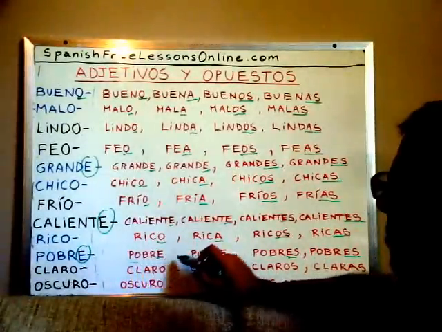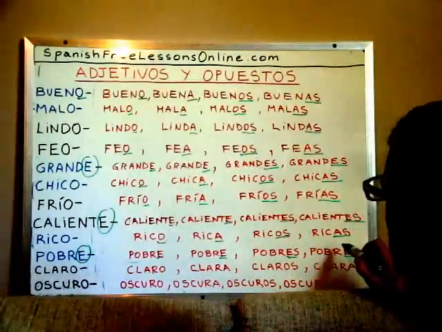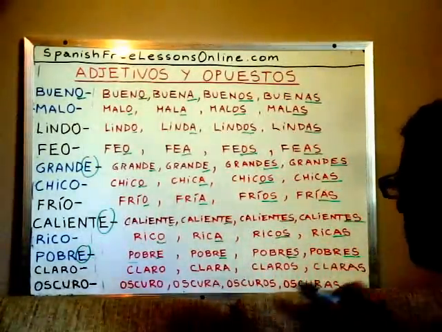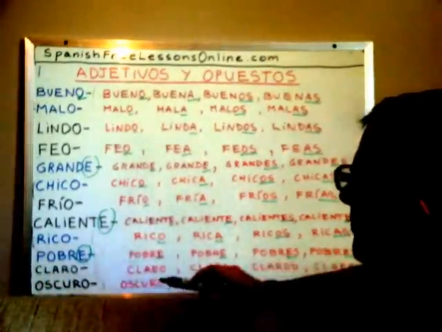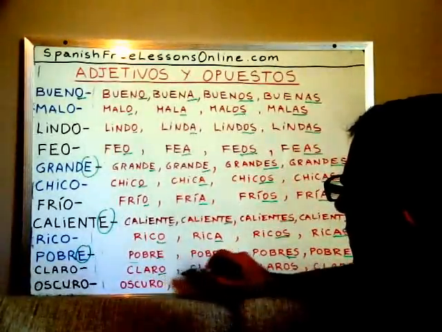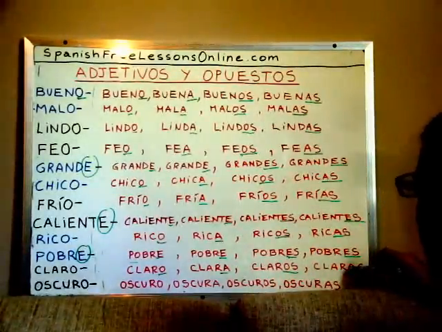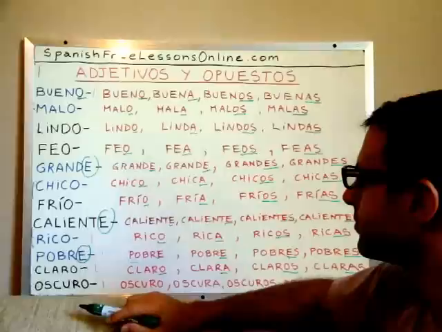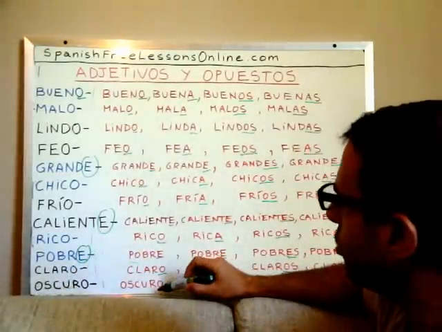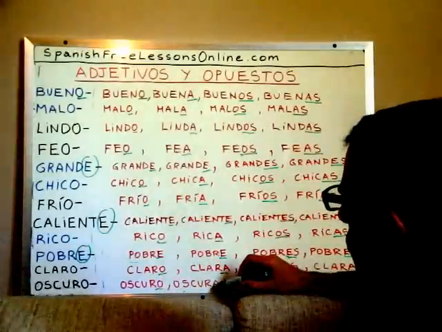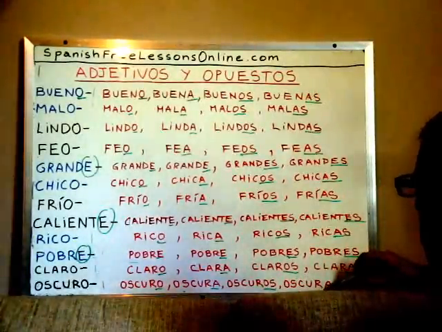So the two singulars end with an E, and the two plurals end with an ES. Now, claro for light. Claro or clara or claros or claras. Oscuro for dark can be oscuro or oscura or oscuros or oscuras, right?